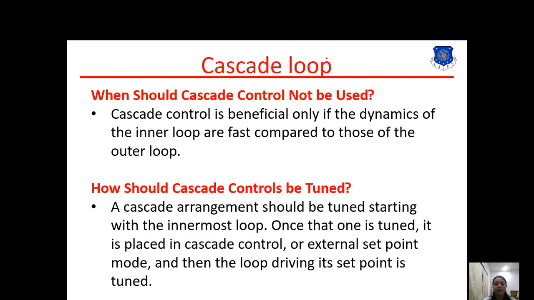Once the innermost loop is tuned, it is placed in the cascade control or external set point mode, and then the loop driven by its set point is tuned. So this is the tuning method of the cascade loop. We have many tuning methods for tuning the cascade control loop. We will study them in the next session.